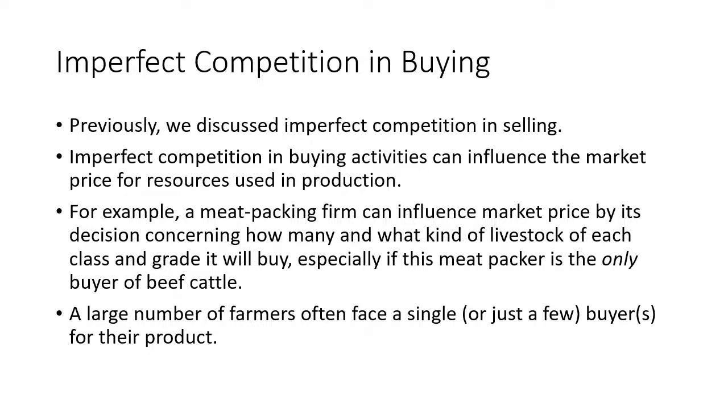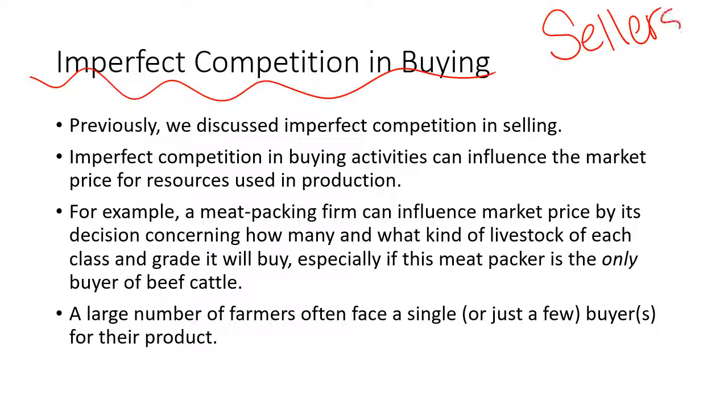Okay, we're going to switch gears a little bit and talk about imperfect competition from the buying end. So in the first part of this chapter, we talked about how we can have many sellers with uniform products, and that would be perfect competition.